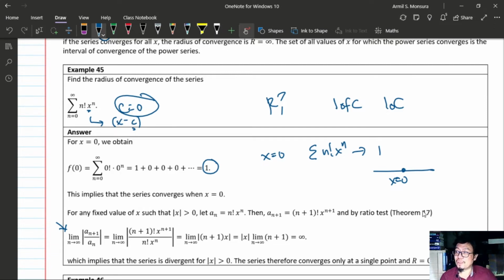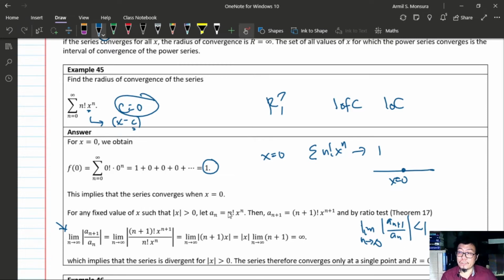Remember the requirements of Theorem 17: the series will converge if the limit of a_(n+1) over a_n, as n approaches infinity, is less than 1. If this ratio is less than 1, it converges. If it is greater than 1, or if it is infinite, the series will diverge.